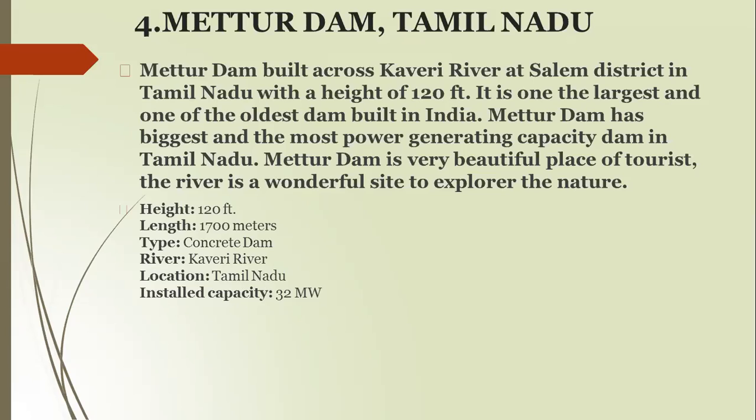So it is one of the largest and oldest dams built in India. So at that time, before independence, this was one of the largest dams. Now in this current era, you have the Bhakra Nangal Dam, which is the largest dam in India. It is situated in Punjab.